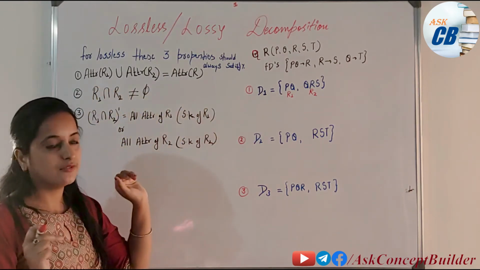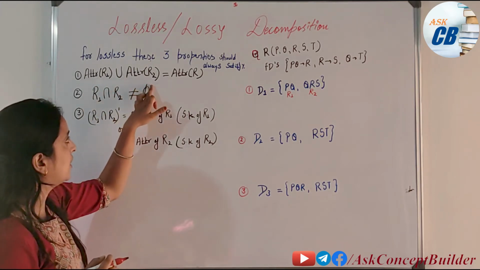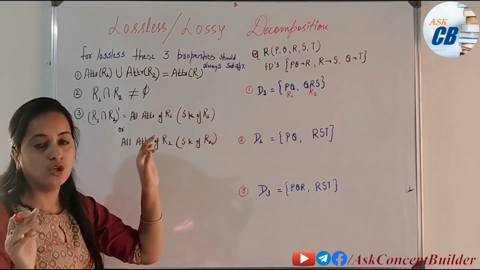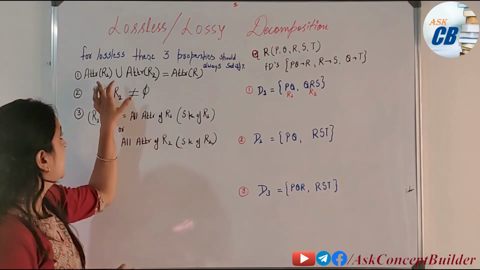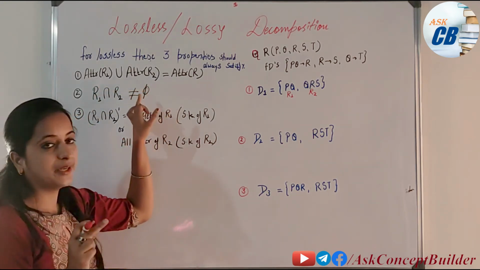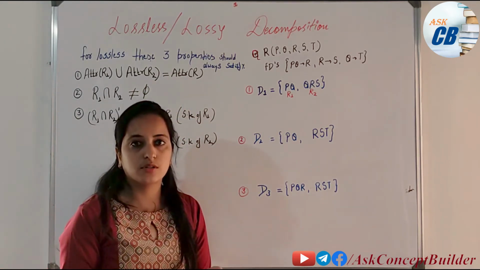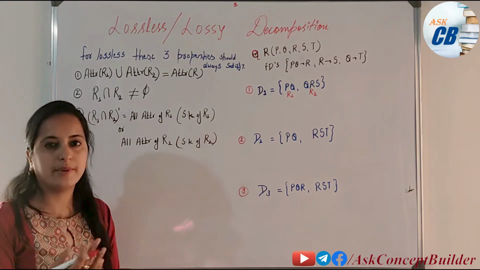So what is first? Attribute of R1 union attribute of R2 equals attribute of R. What you have to see first is that the attributes in R1 plus the attributes of R2 should give you all the attributes of R. Because this is the very basic property. Why?